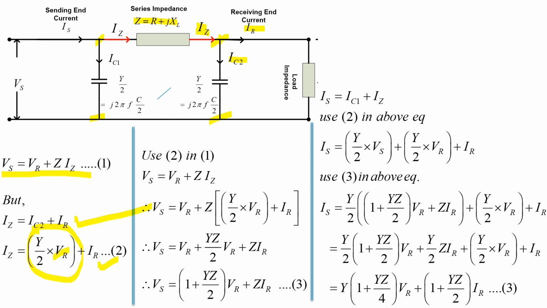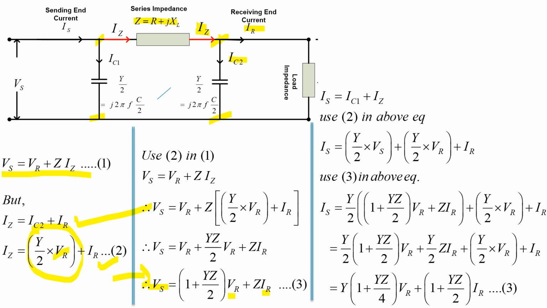Now use equation 2 in equation number 1. That means I will use this Iz in equation number 1. By putting this, I will get the equation of Vs, and this Vs is obtained in terms of Vr and Ir. That was my objective: to represent the sending end voltage in terms of receiving end voltage and receiving end current, and equation 3 gives that same relation.